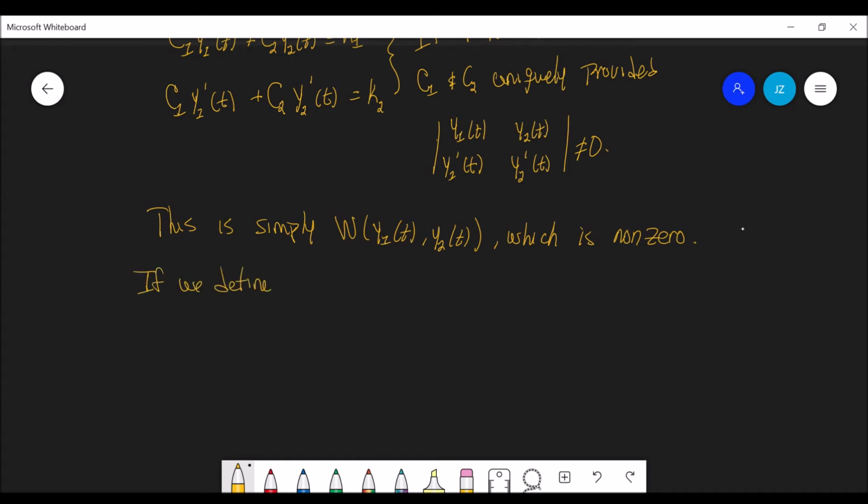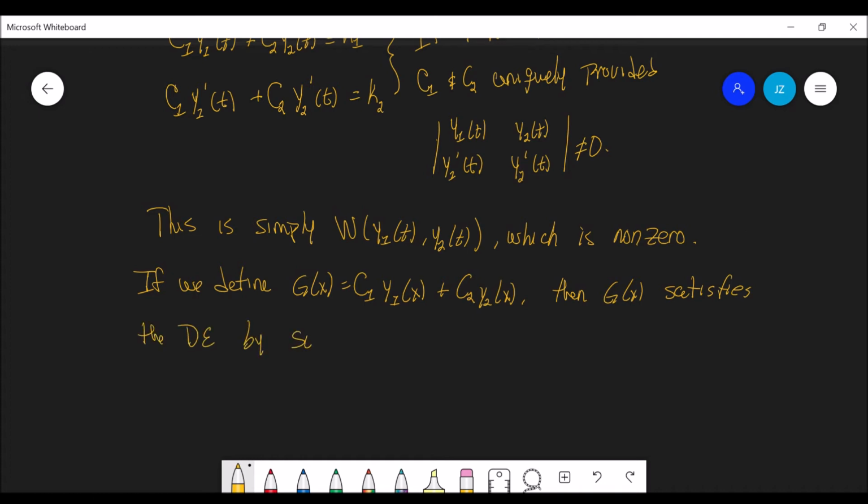If we now define g of x to be C1 y1 of x plus C2 y2 of x, then g satisfies the differential equation by the superposition principle.